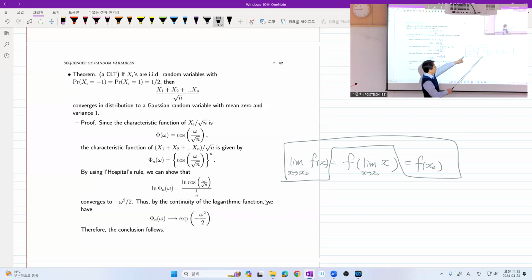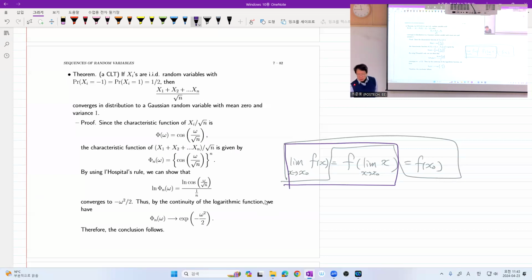What is important is actually this one. So what does this mean? Continuity of f at x0 means that your limit operation can move inside the argument. And vice versa, your limit operation can be taken out of the function operation.